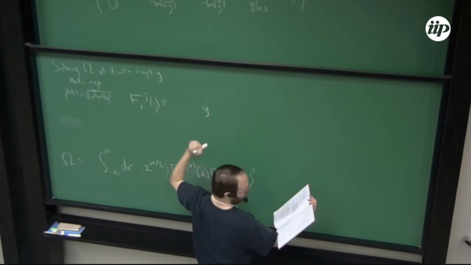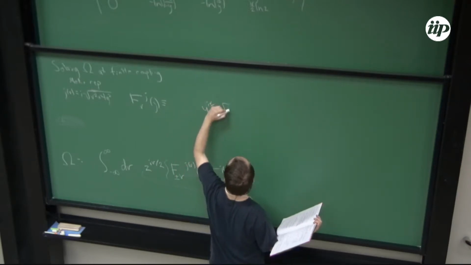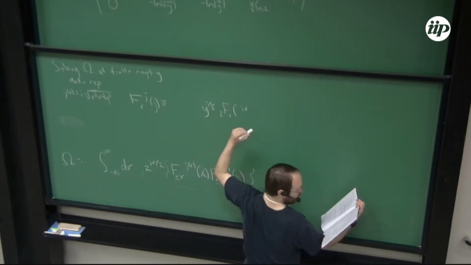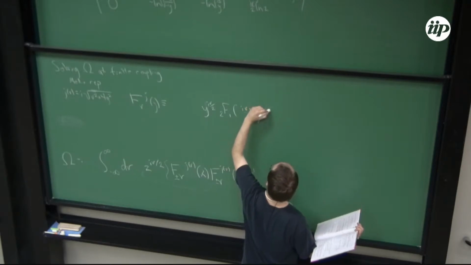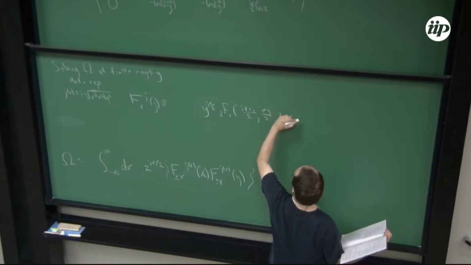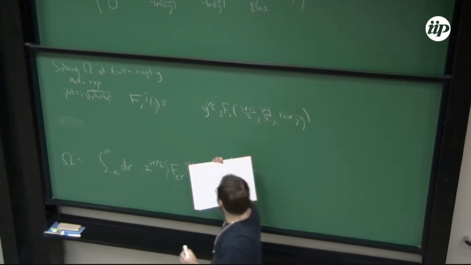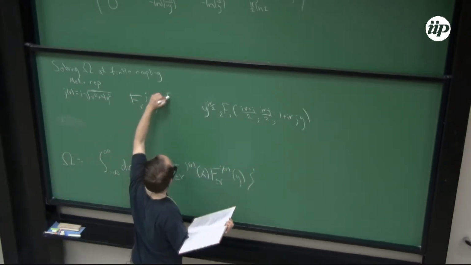We've got out front y to the I nu over 2, and a hypergeometric where the indices now are I nu plus j over 2, I nu minus j over 2, 1 plus I nu, and then y as the argument. And out in front, we've got some normalization factors.